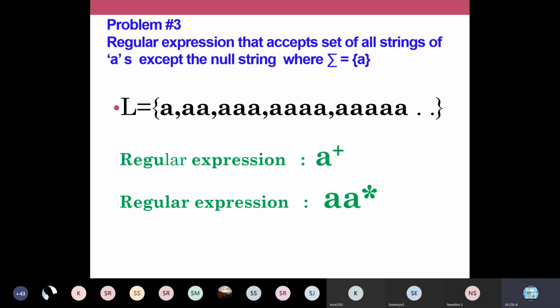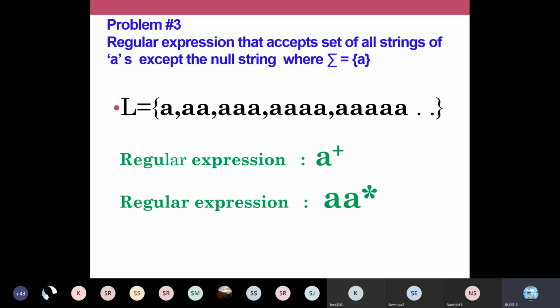Write down: star denotes 0 or more occurrences, but plus raised to the power denotes one or more occurrences.